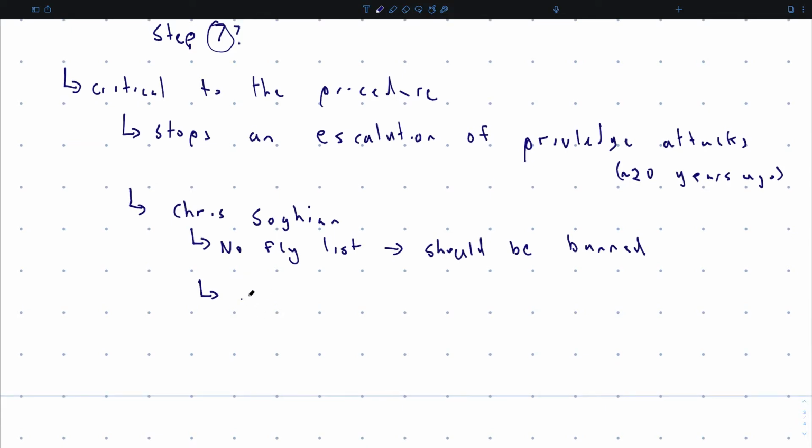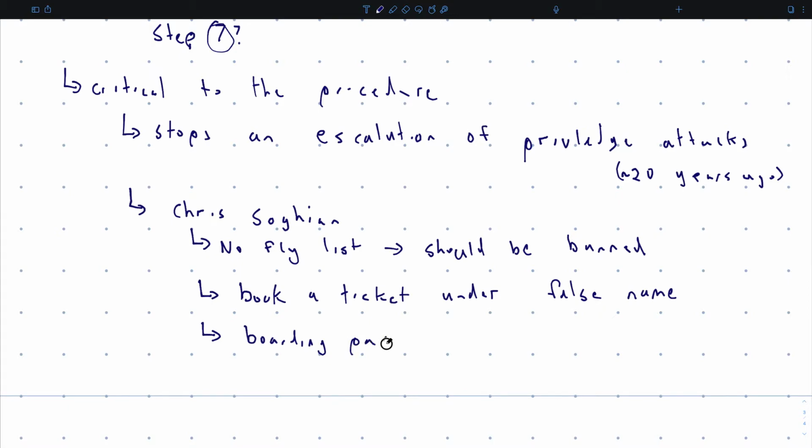Okay, so basically the attack works like this. First, you book a ticket under someone else's name. And then you create 2 boarding passes. So you get your boarding pass 1, which is in the false name.